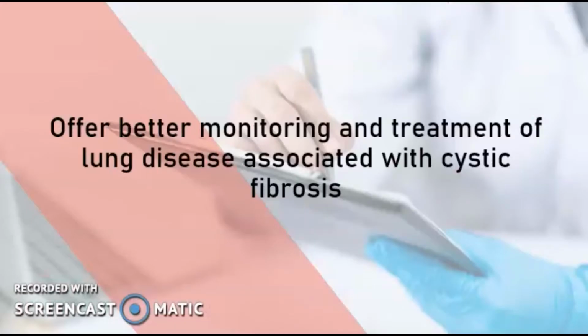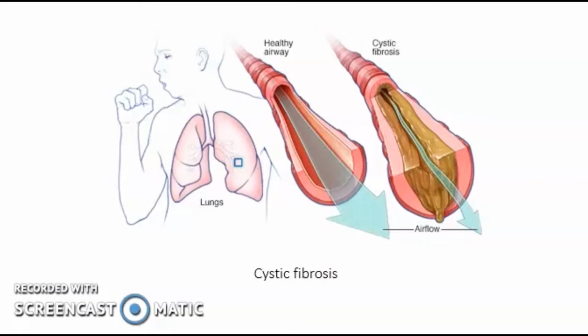Next, X-ray velocimetry offers better monitoring and treatment of lung disease associated with cystic fibrosis. As you already know, cystic fibrosis is a condition where the lungs produce mucus that is much thicker and stickier, and sometimes it clogs the airways.